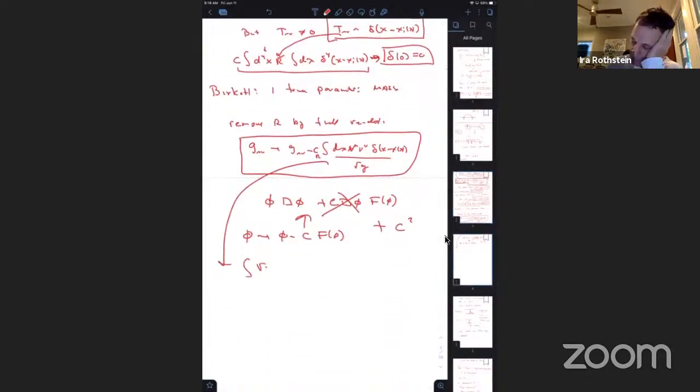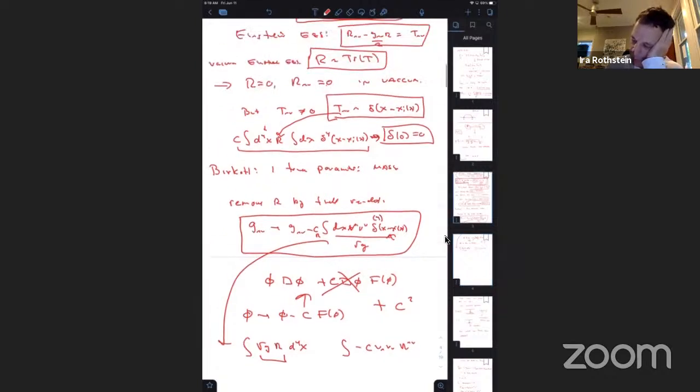Once I plug this into root G R d^4x, this delta function is going to collapse this piece onto the world line and exactly give you a minus C v^mu v^nu R_mu nu. You have to differentiate it to see it, but you can do that as an exercise for yourself and see that that indeed is what works.